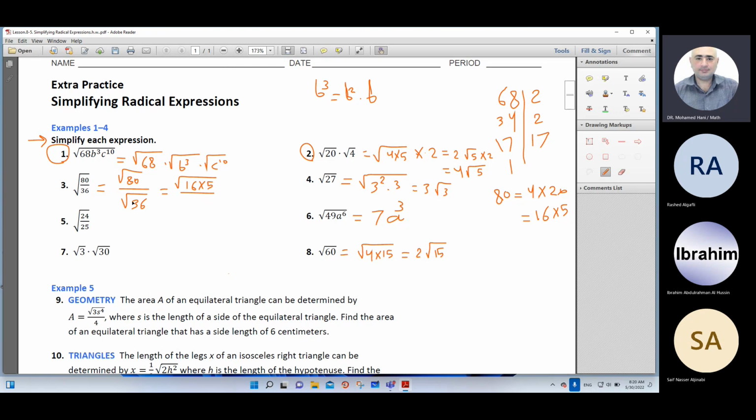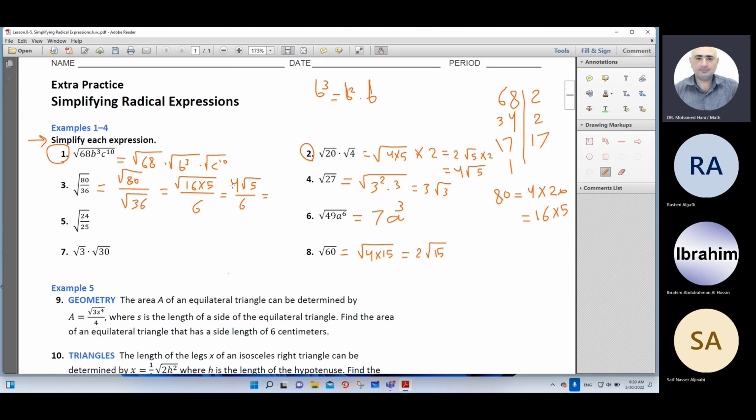And what is the square root of 36? 6. Now up, what is the square root of 16? 4. And 5, keep it under the square root.